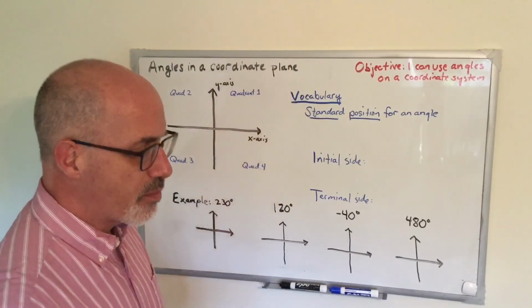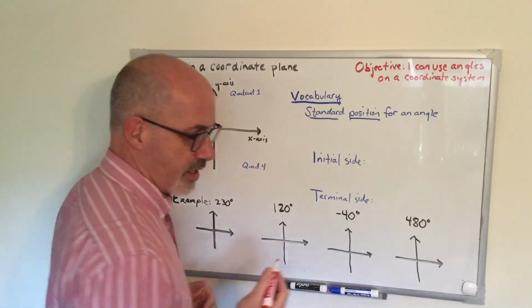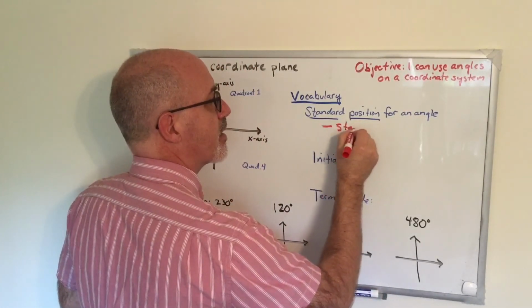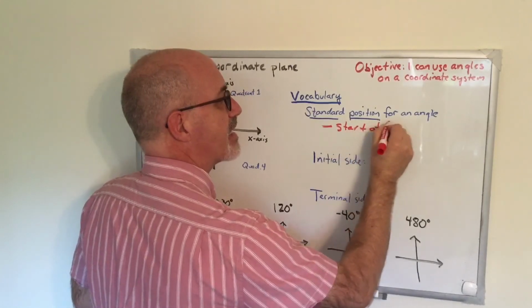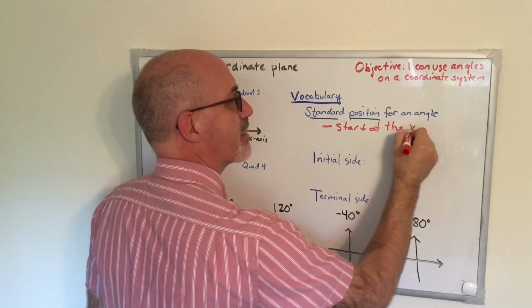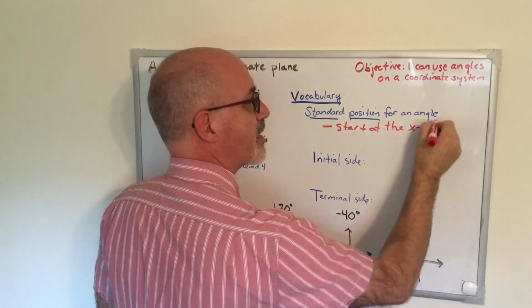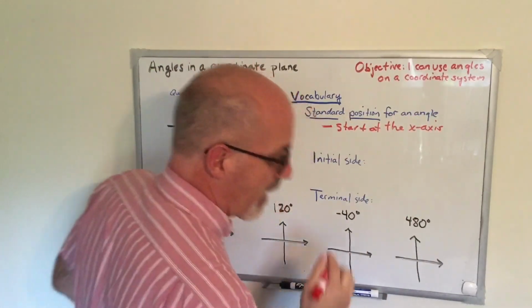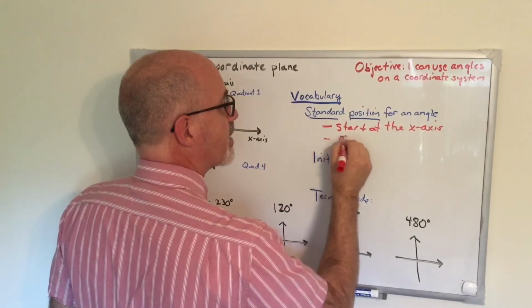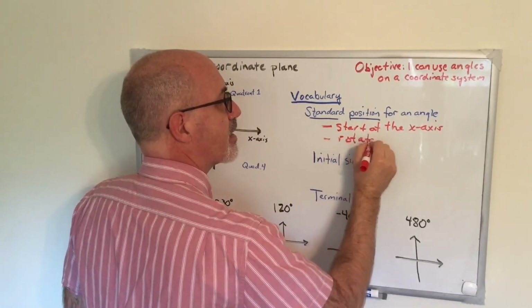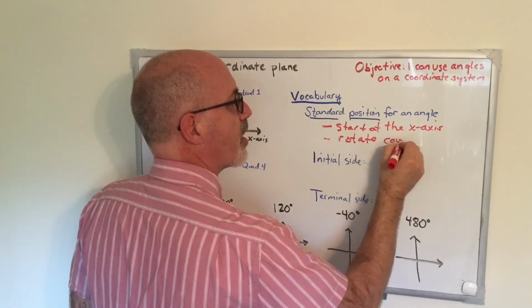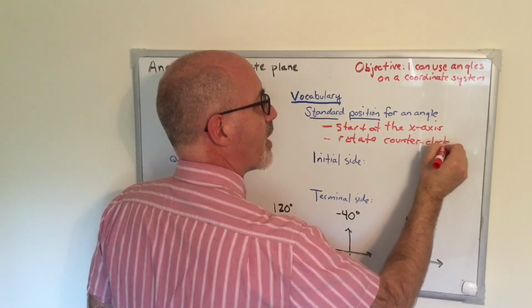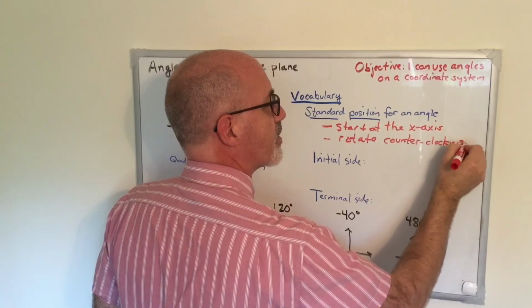A standard position for an angle is where we start at the x-axis. That's where our beginning side is going to be, and then we rotate counterclockwise for positive angles.